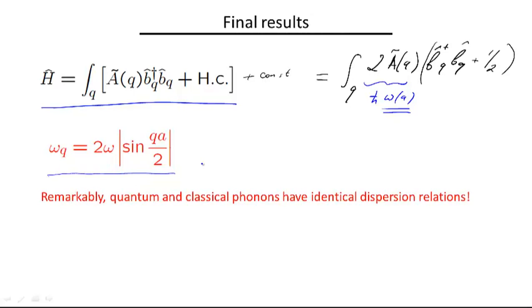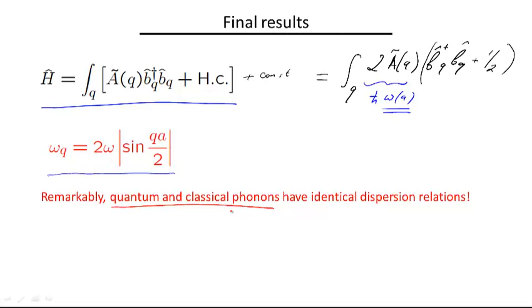So if you go back to the problem that we solved earlier today in today's lecture, namely the classical problem, it was slightly more complicated in the sense that it involved two types of atoms. But if we had just one type of atom, this is the result which we would have got. An important conclusion of this discovery that quantum and classical phonons turn out to be exactly the same is the following: we could have quantized our problem at any stage.